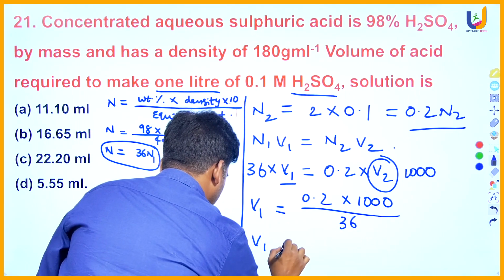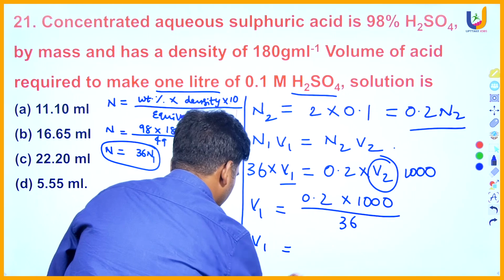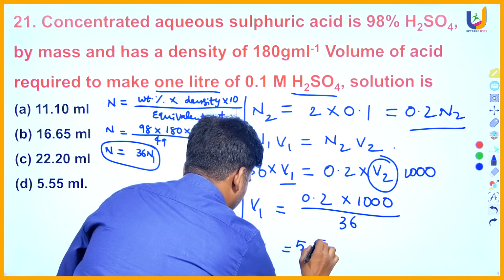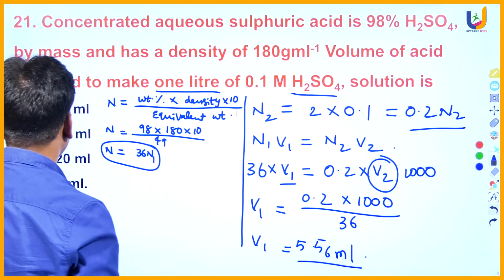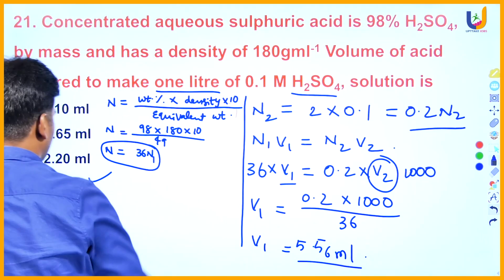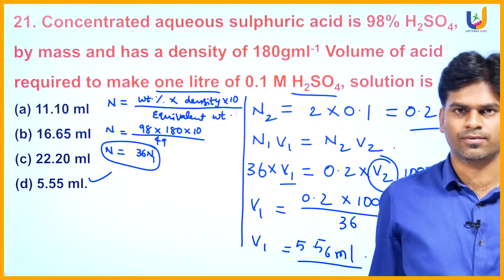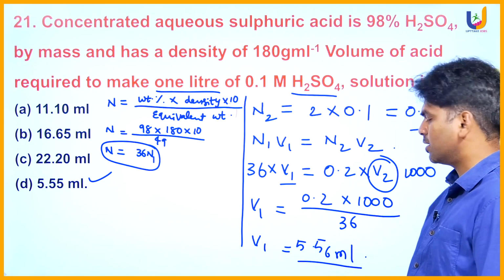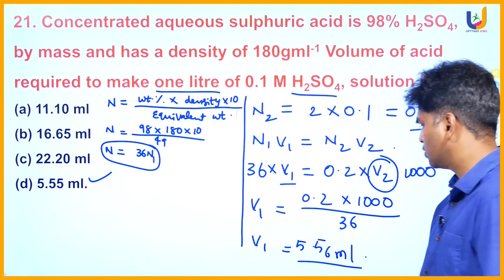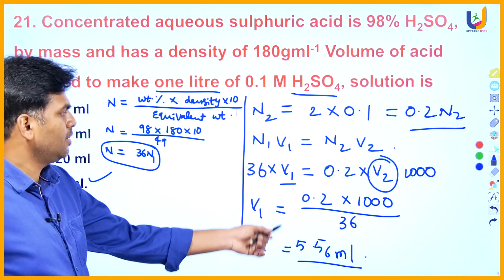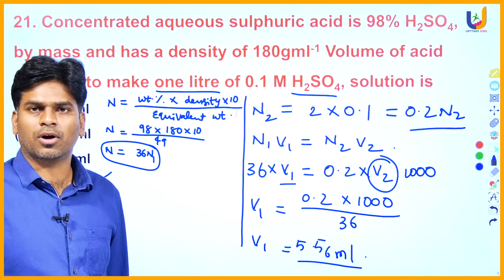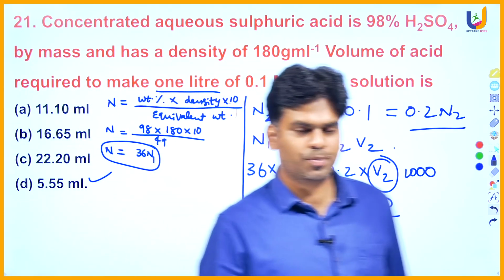Finally, V1 is around 5.56 ml we will get. 5.56 ml, so that is option D. So as per the calculation, we get 5.56 ml from the normality equation with the given data. I hope it is clear.